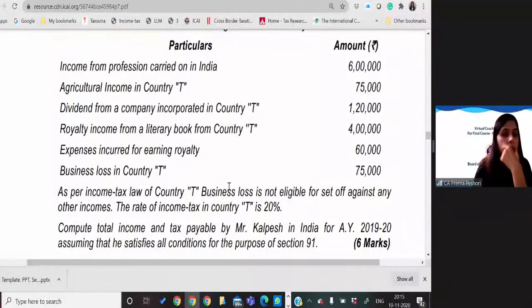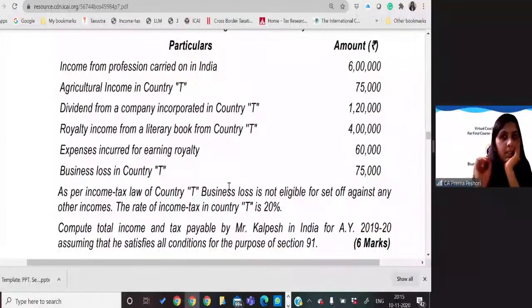Yes, total income is correct, but that is gross total income, Gomathi. What is the net total income? There's one specific deduction here which you have to apply. Also, how much would be the foreign tax credit, Gomathi?